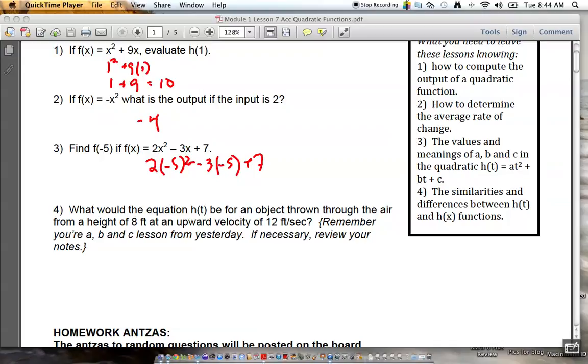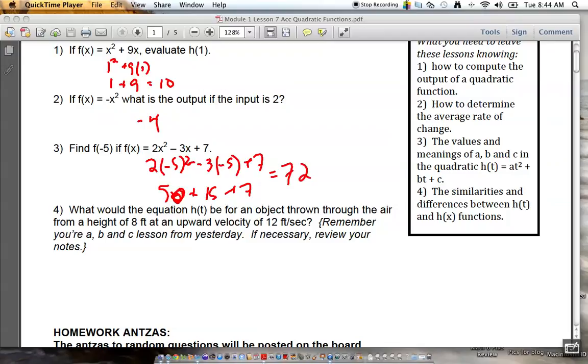What is negative 5 squared? 25. Then I double that and I get 50. Now, what's negative 3 times negative 5? Positive 15. This is a 0, not a 6. Okay? And then plus 7. So 50 plus 15 is 65, plus 7 is 72.